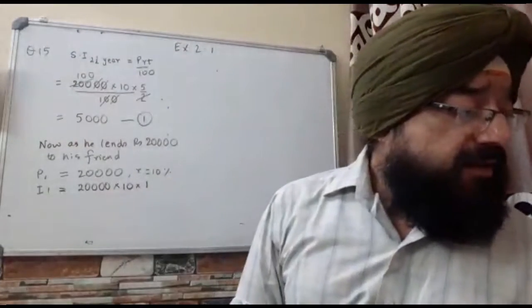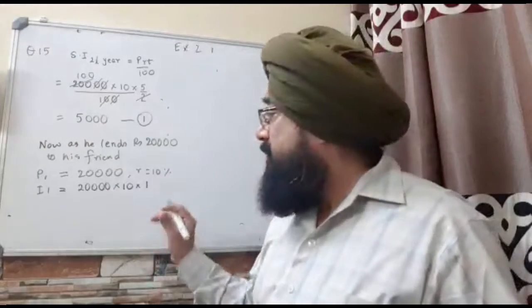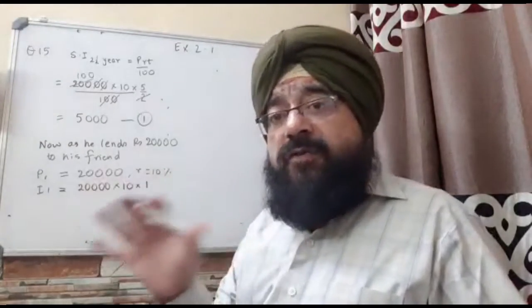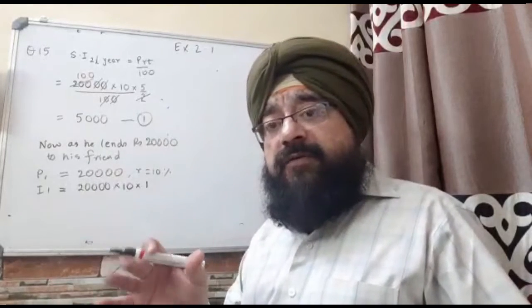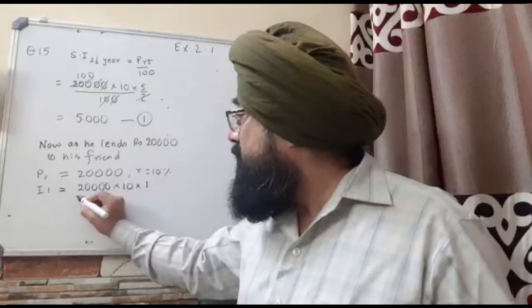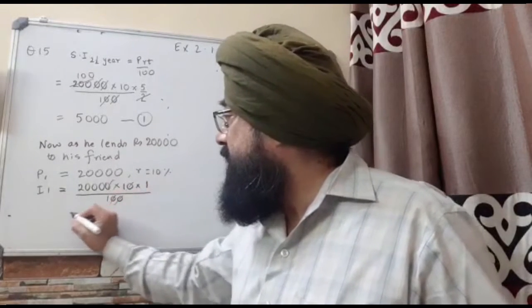See, it says compounded annually, so no half years involved here. Though time is 2.5 years, but compounded annually. So first year is full 1 year, second year is full 1 year. When time is left at the end, we will take half year. So upon 100, this will become rupees 2,000.